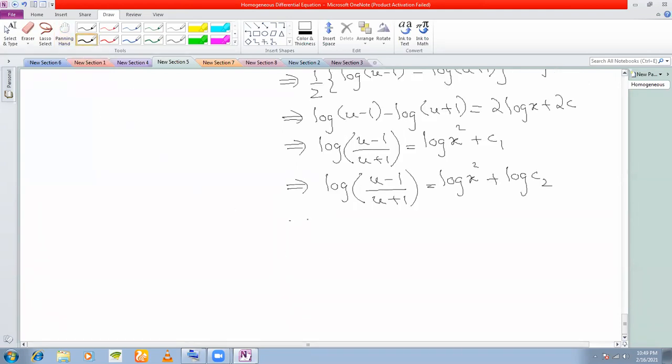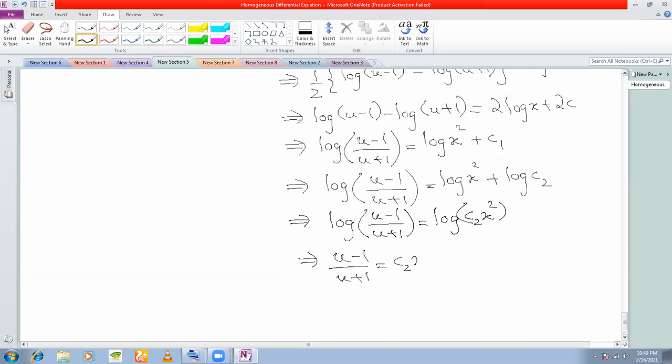Why did we take log c2? This will now be clear. Because once you take the constant also as a log, you will see that you can write this as c2x square, right? Now you can write this as u minus 1 by u plus 1 is equal to c2x square, right? Now you put the value of u.